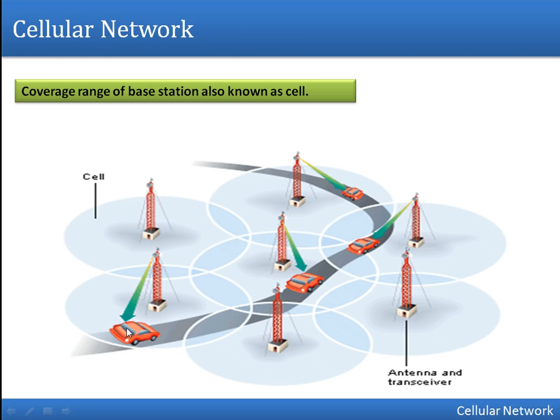So when a user changes location, when he moves from one cell to another cell, the base station of the other cell has to handle the traffic of this user. This complicates the cellular network a little bit, and we will study this under handoff.